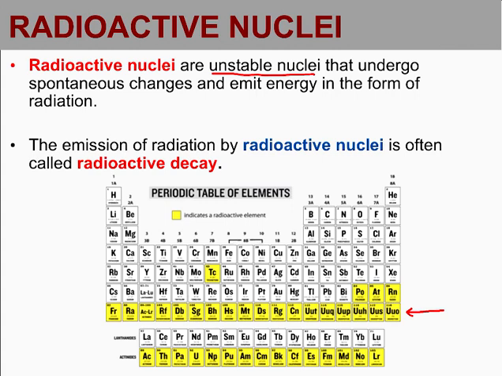So really, radioactive elements, they have a proton to neutron ratio that's either too high or too low. So typically, these nuclei are trying to emit a particle to try to reestablish a stable proton to neutron ratio.